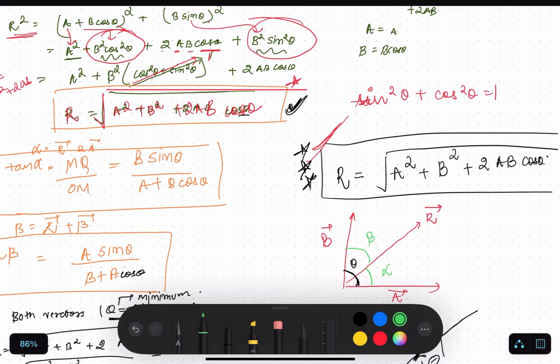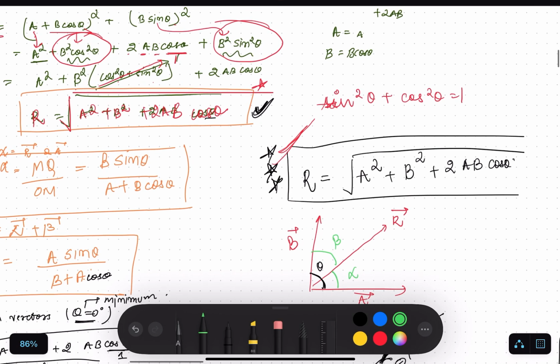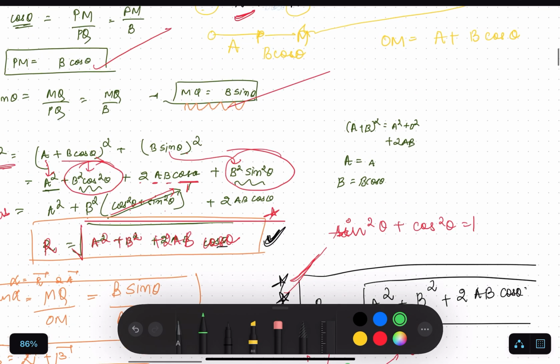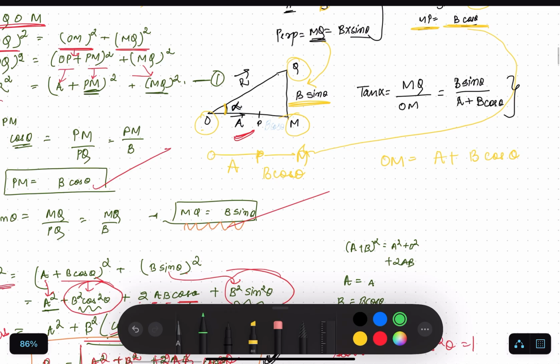And I'm going to further tell you two more formulas that you have to write in your formula copy today. So till now I'm sure it is all clear. If you have a doubt in something, you can definitely tell me in the comment box and I will clear all your doubts. Now I will come back to my rough diagram that I drew above.